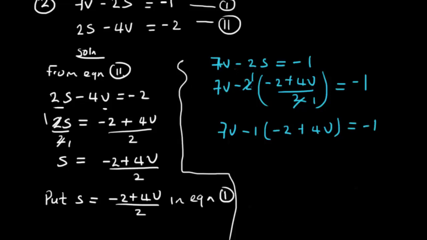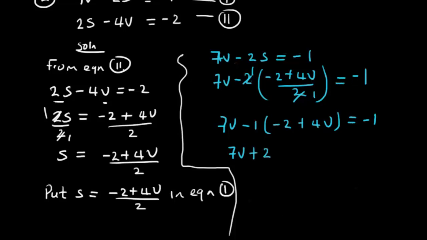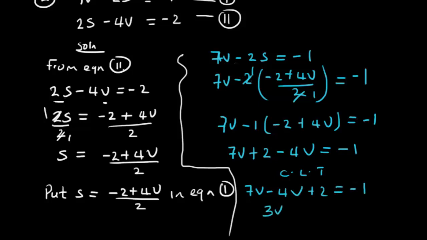Let's open this bracket. We'll be having 7v minus 1 times minus 2. Minus times minus will give us plus 2. Minus 1 times plus 4v will be minus 4v equals minus 1. Let's collect like terms. We have 7v minus 4v plus 2 equals minus 1. 7v minus 4v will give me 3v plus 2 equals minus 1.